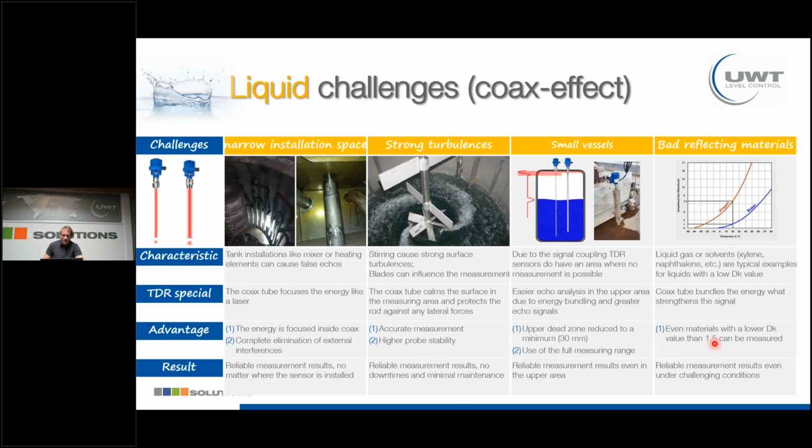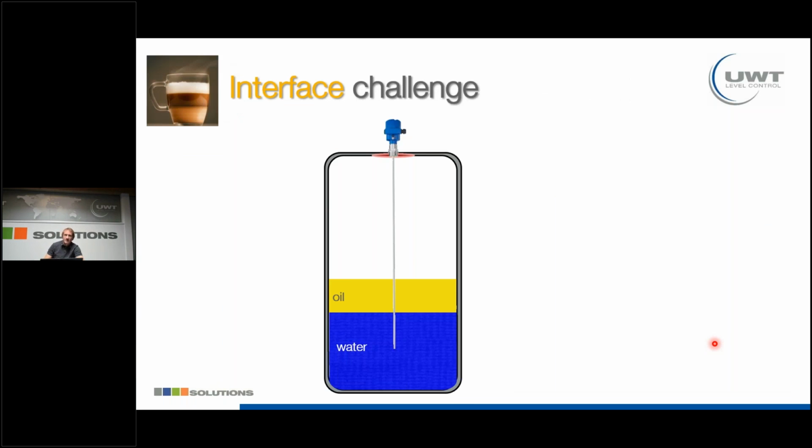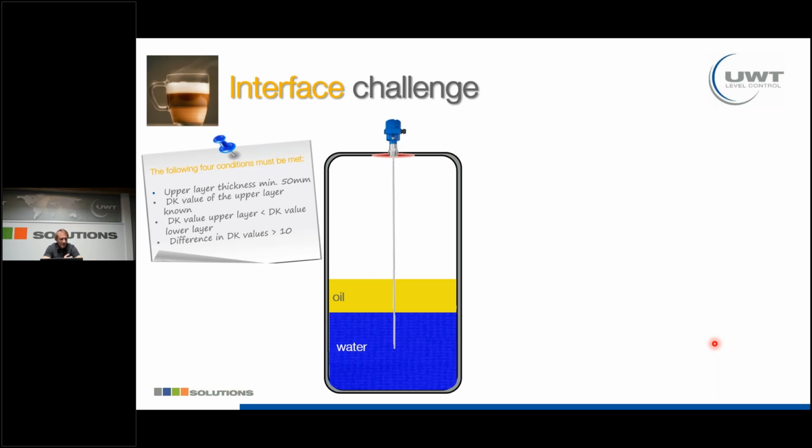Another special property of TDR sensors is that they can be used in interface measurements. Which conditions have to be met? There are 4 requirements to use TDR sensors for interface applications. We need a certain thickness of the upper layer; in this case, oil should be a minimum of 50 millimeters.